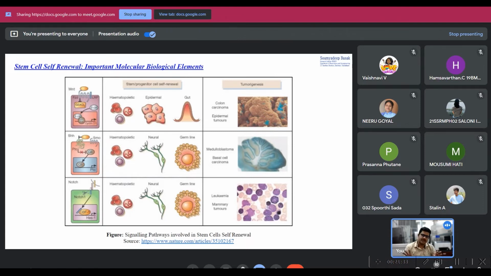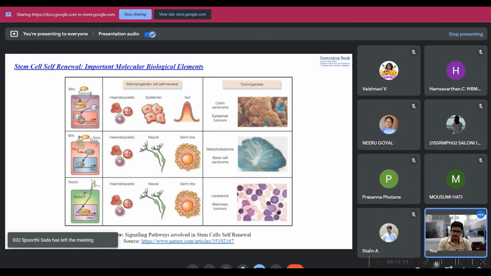It can be either fated to its differentiation fate, or fated to self-renewal, right? Depending upon the regulation of these three pathways, Wnt, SHH, and Notch, the self-renewal property of stem cells occurs.